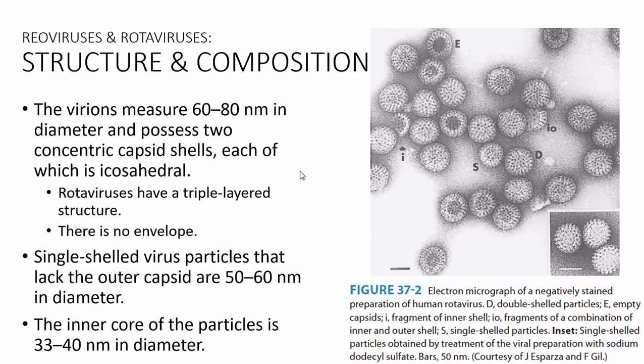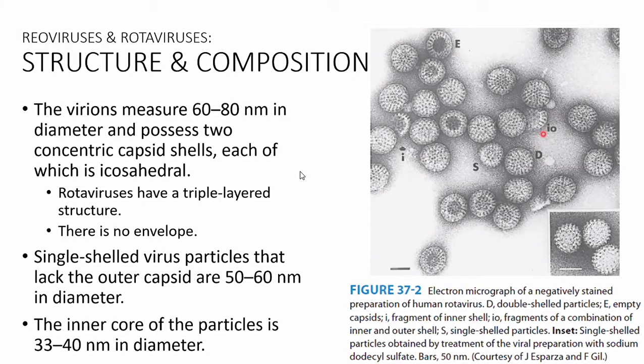Here on the right side of the slide, we have an electron micrograph of a negatively stained preparation of human rotaviruses. There's a tag there wherein the D represents double-shelled particles, the E would be empty capsids, and the I would be fragments of the inner shell, while the IO is a fragment of a combination of inner and outer shell.